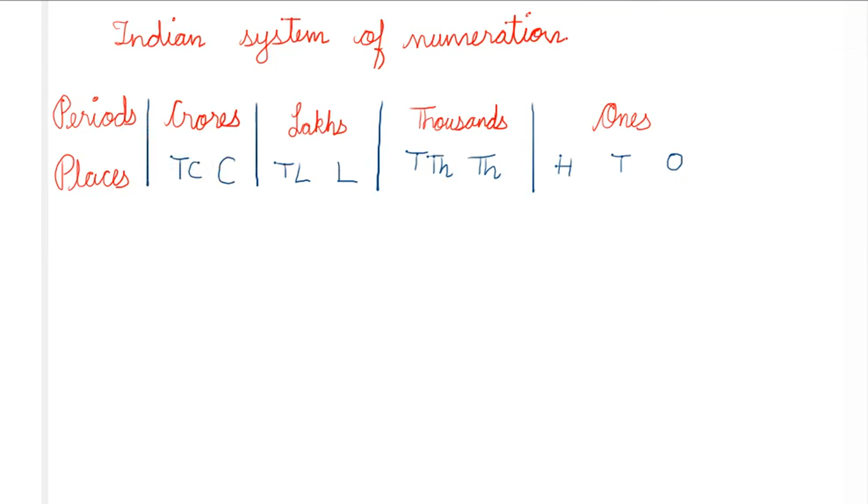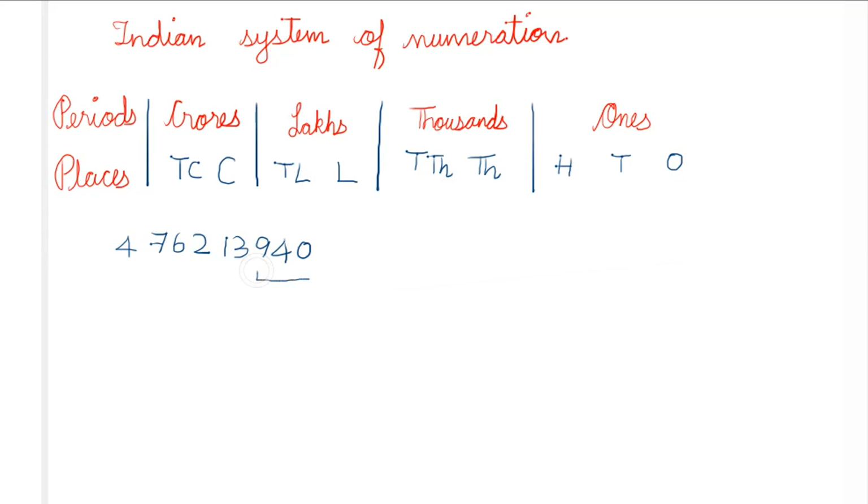So how to write this in our numerical form? I'm just giving an example: 4762139440. So how can I read this in the Indian system of numeration? Beginning from the right, what we'll have to do is put a comma after the first 3 digits.